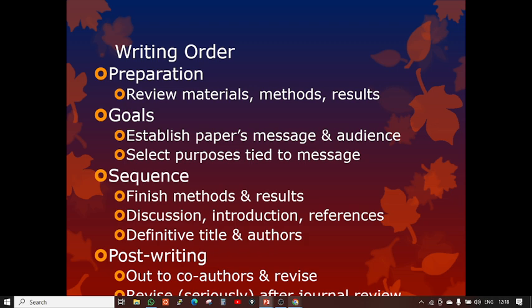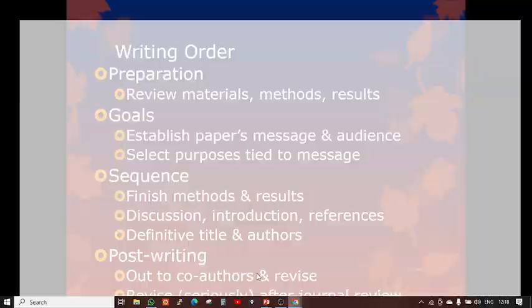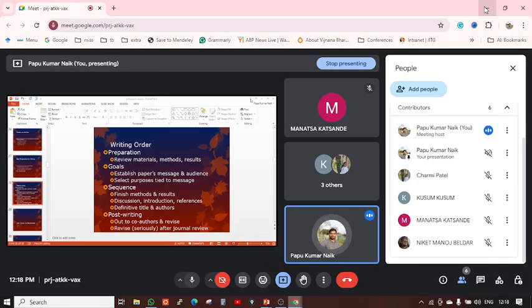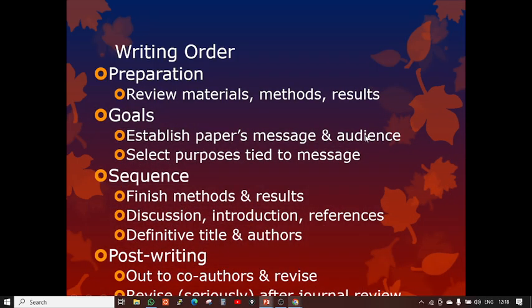Before writing, you have to look at these things, and that is the first preparation. You cannot immediately start to write, because before writing a research paper you have to go through the literature review, materials, methods, results, and prepare everything on your research. That is called good preparation. Without preparation you cannot write.